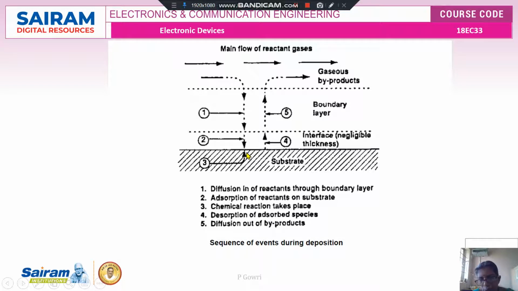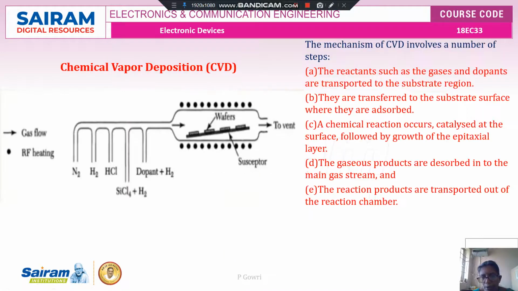After the chemical reactions, desorption of the substance takes place, and it is diffused out and collected as the byproducts. Here the setup will be almost the same as the previous one: the gaseous states will be absorbed, a chemical reaction will take place, and the products will be released.